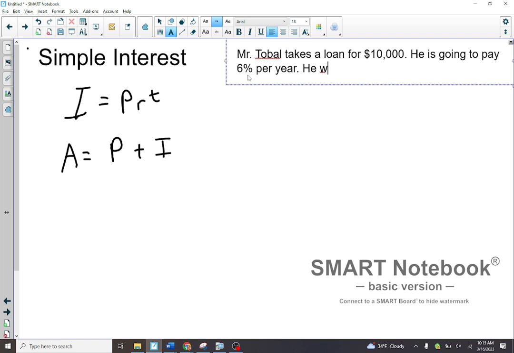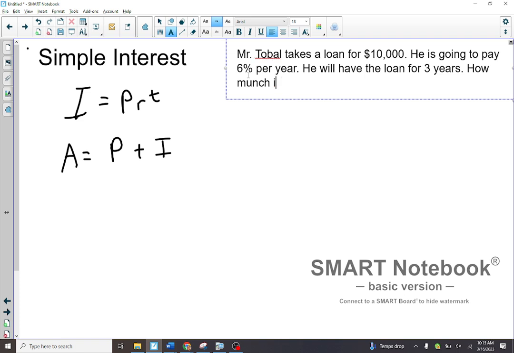You will have to convert the percent to a decimal. He will have the loan for 3 years. How much interest does he need to pay?